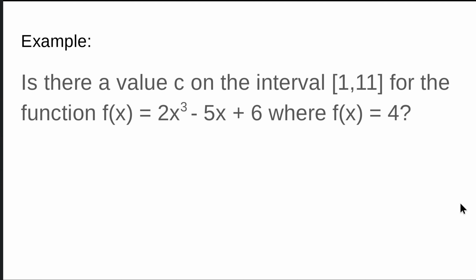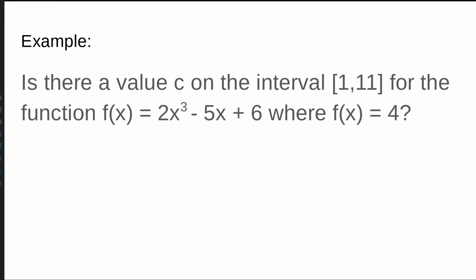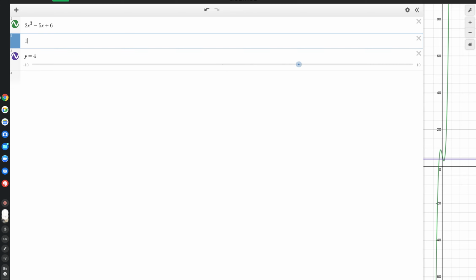The graph will be on the side, but we're not supposed to use it. We have 2x squared minus 5x plus 6. We're looking for a part where y equals 4 along the range 1 to 11.